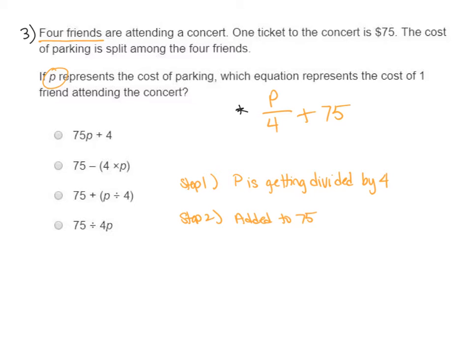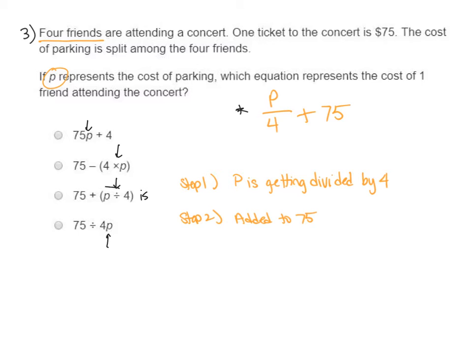Okay, so in step 1, you would solve p divided by 4 first. So if you look at all these expressions that are given to you, in this one, p is not getting divided by 4. This one, p is not getting divided by 4. This one, p is getting divided by 4, and this one, p is not getting divided by 4.